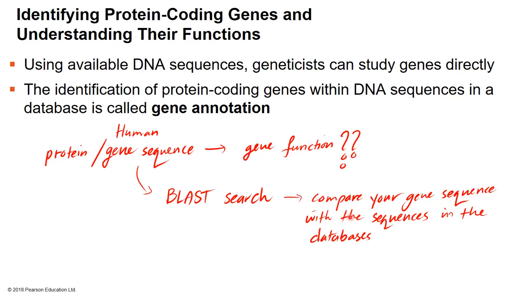Okay, so sometimes the BLAST search will give you a result that shows that this human gene is similar, maybe, to a mouse gene. And for this mouse gene, scientists have already determined its function.